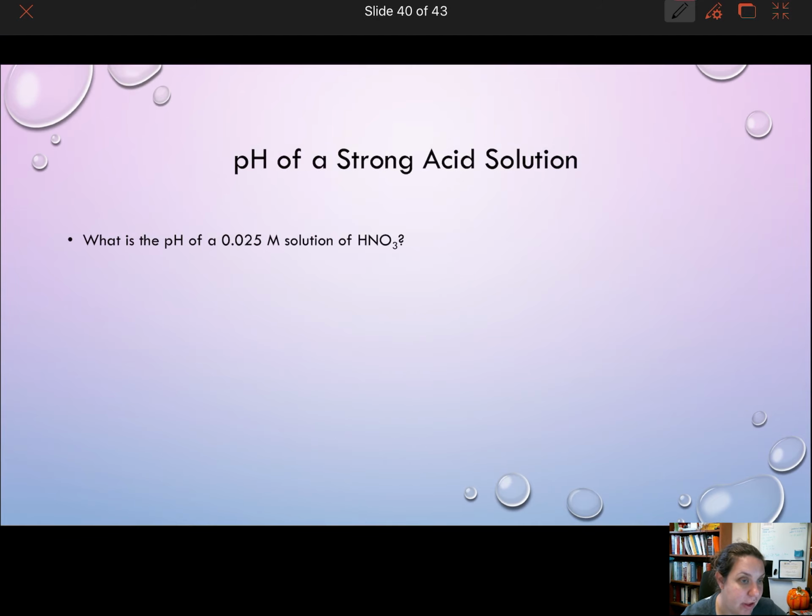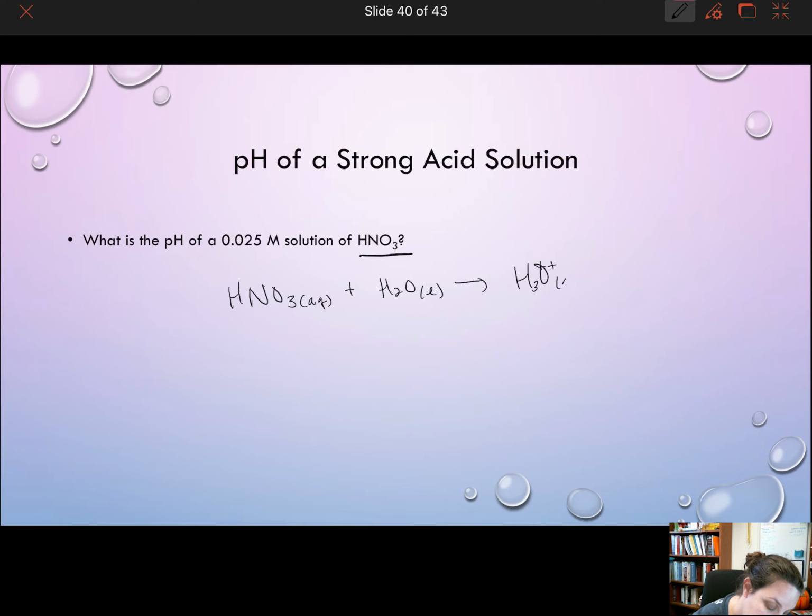Okay. So let's try a couple of examples of pH. So we've got a nitric acid solution. So we know that that is a strong acid. So when we take it and we throw it in water, it will completely dissociate to produce H3O plus and NO3 minus.